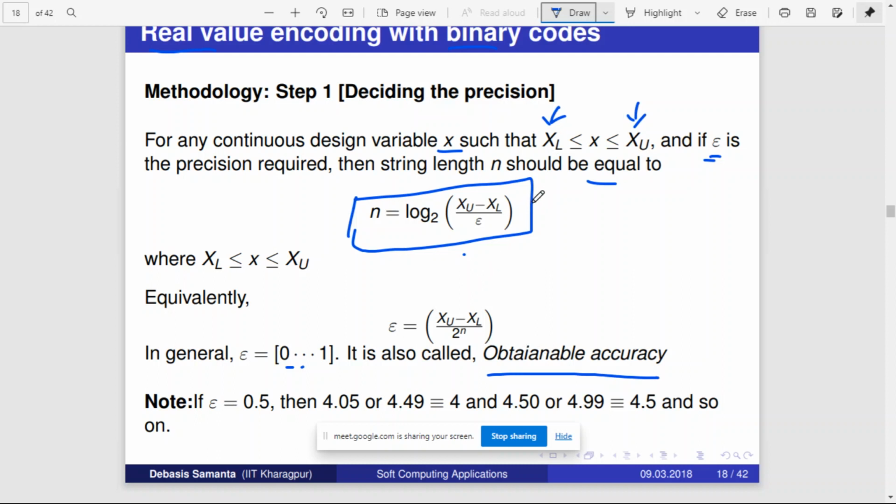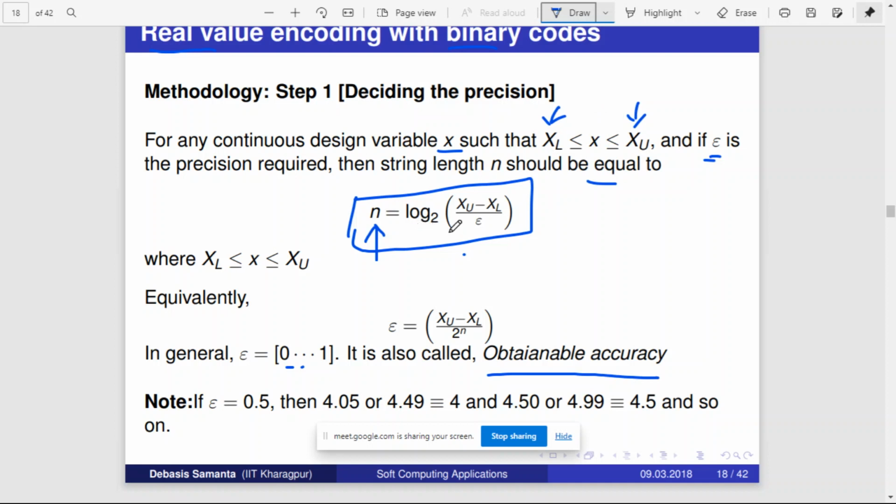Okay. Now, if you know all these things, then you can identify how many bits are required to represent this x in binary. So n represents the number of bits required to represent this real value in binary.